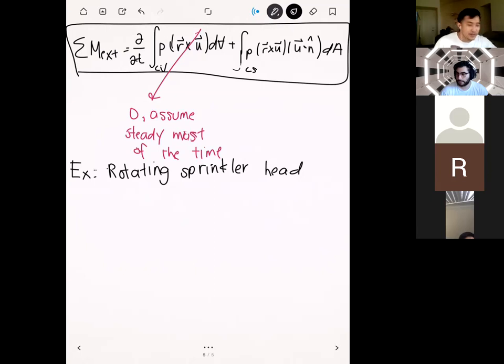So I really didn't like doing angular momentum, and that feeling still persists today. So we're going to do this one example with angular momentum, but I'm not going to do too much with it because it still sometimes breaks my head too. But it is actually really important for fluids because there's a lot of fluid mechanical devices that rotate.